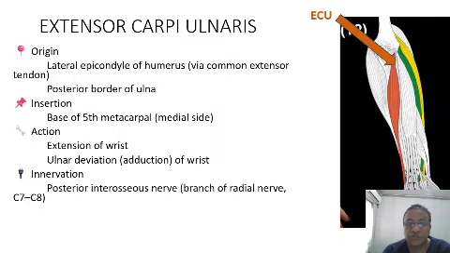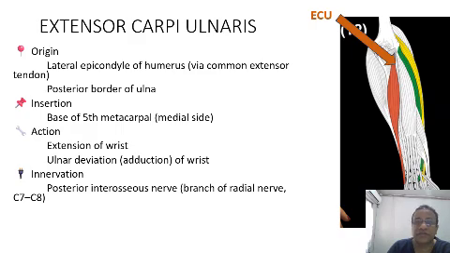Now let's move to the extensor carpi ulnaris, another key player in wrist extension and ulnar deviation. It originates from two points: the lateral epicondyle of the humerus, which is a common extensor origin, and the posterior border of the ulna, giving it a strong anchor for pulling the wrist backward and into ulnar deviation.